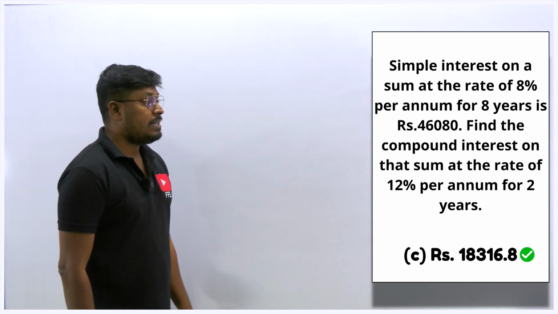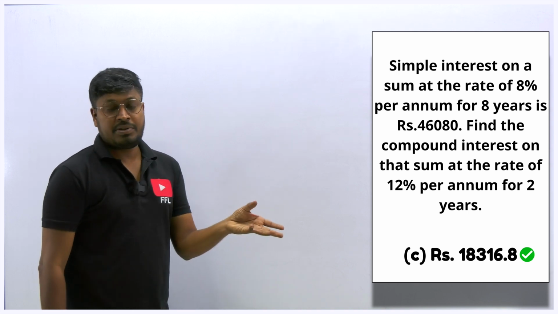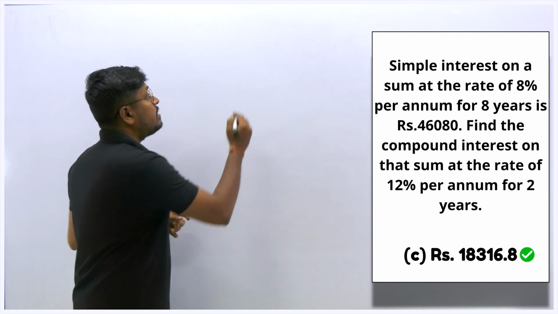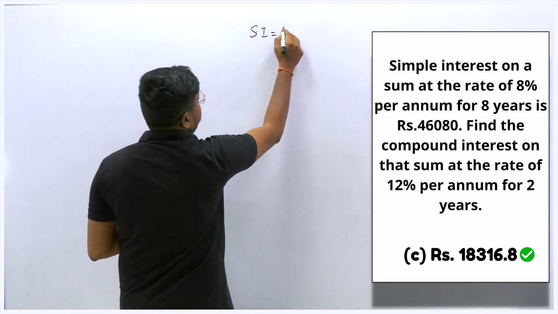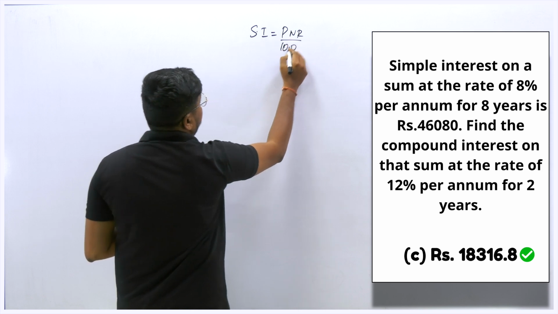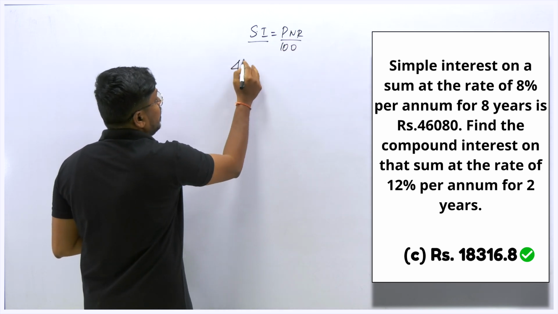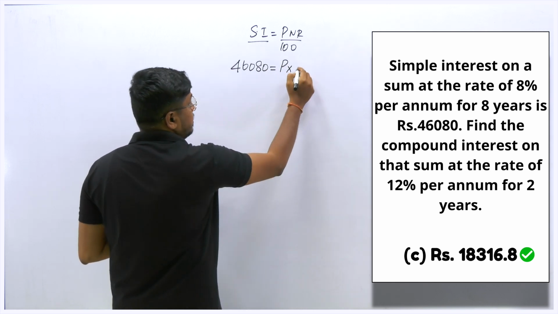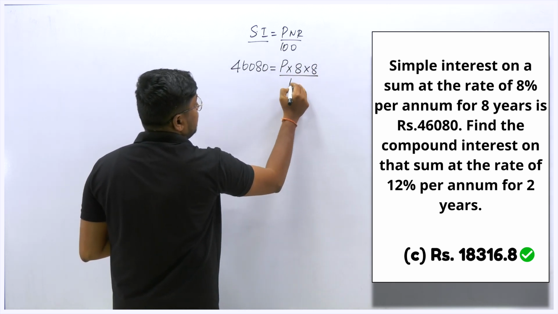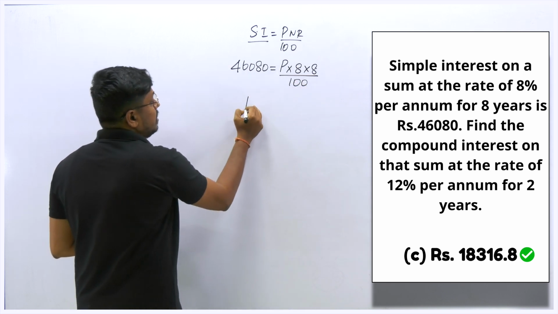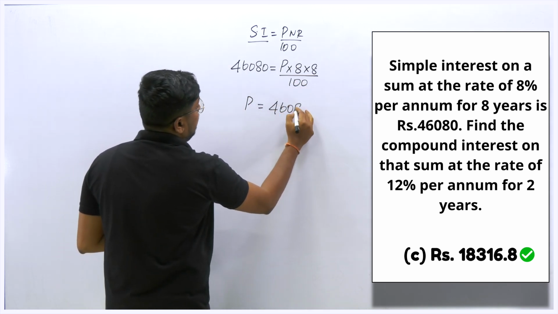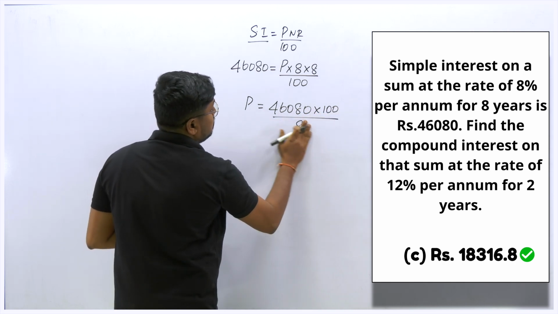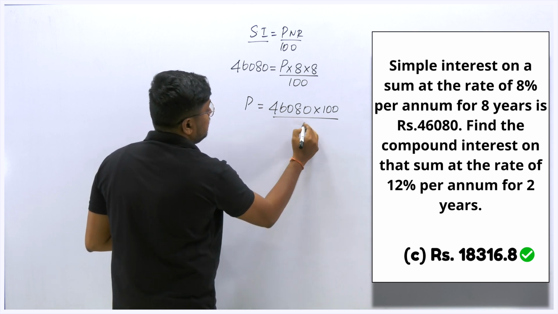What they are saying is the simple interest has been given, but the principal was not given. First we need to find the principal using the given data. We know the formula: simple interest is equal to PNR by 100. Here they have given the simple interest value, which is 46,080, the principal was not given, the number of years is 8, and the rate of interest is 8 divided by 100. All the remaining values they have given. So P is equal to 46080 into 100 divided by 8 into 8. 8 eights are 64.